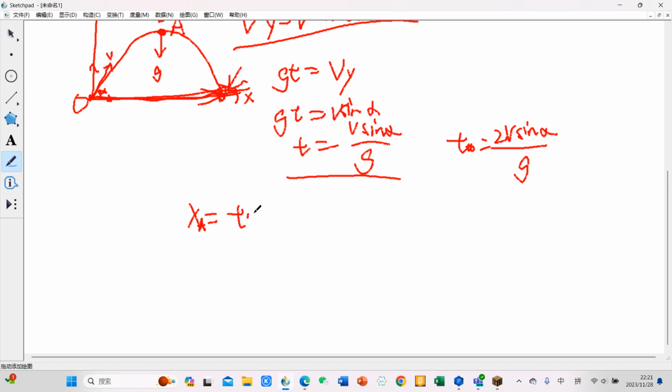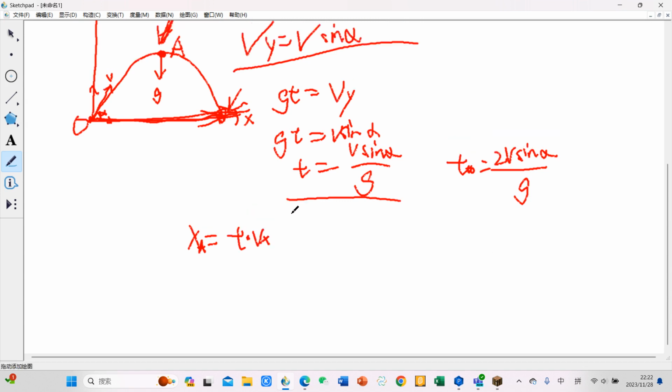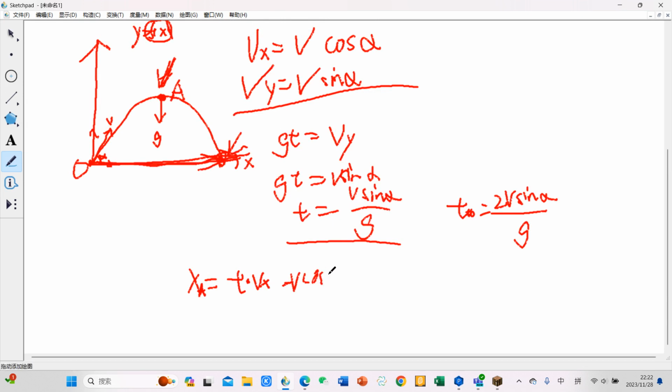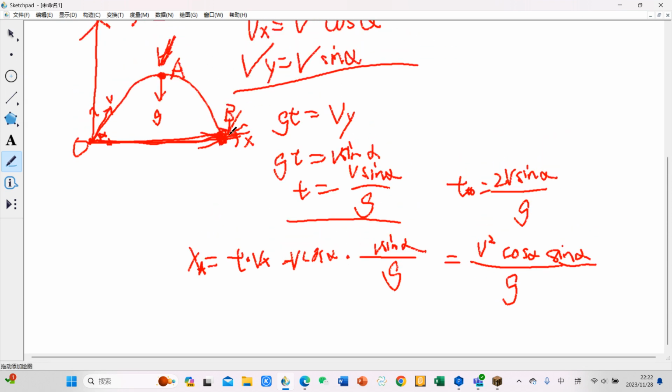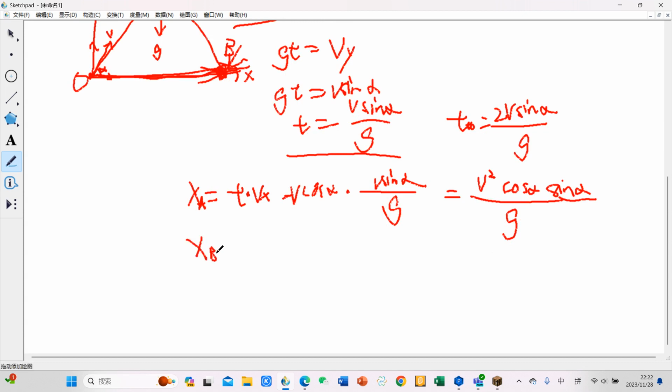It equals t times Vx, so it should be v cosine alpha times t, which equals v squared cosine alpha sine alpha over g. I believe it's right. And we double the distance, so if this is B, xB is going to be 2 v squared cosine alpha sine alpha over g. We double the distance. So this is xB, and we know yB is 0.